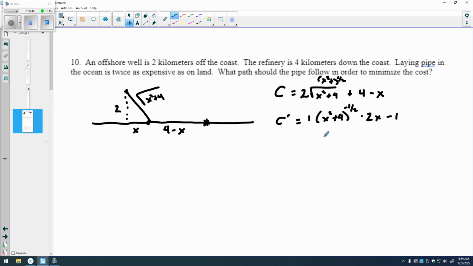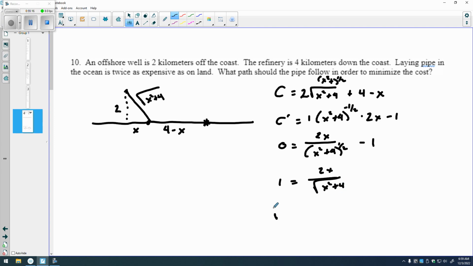Okay, do a little rewriting. I get 0 equals, that 2x is going to slide on top. The x squared plus 4 is going to go to the bottom, and we could do the square root. I'm gonna leave it as a 1/2 just because I already wrote it. And then I have this -1 out here. Set it equals 0. I'm going to add 1. And I get this. I'll go ahead and rewrite it now.